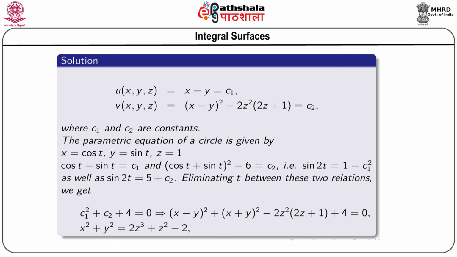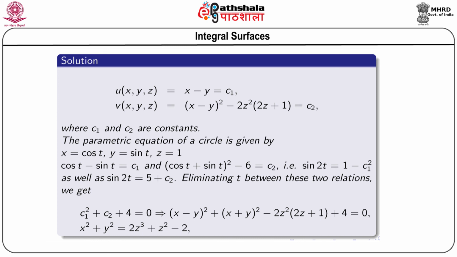Now, we want to find the integral surface which passes through the given circle. The parametric equation of the circle can be written as x = cos t, y = sin t, z = 1.